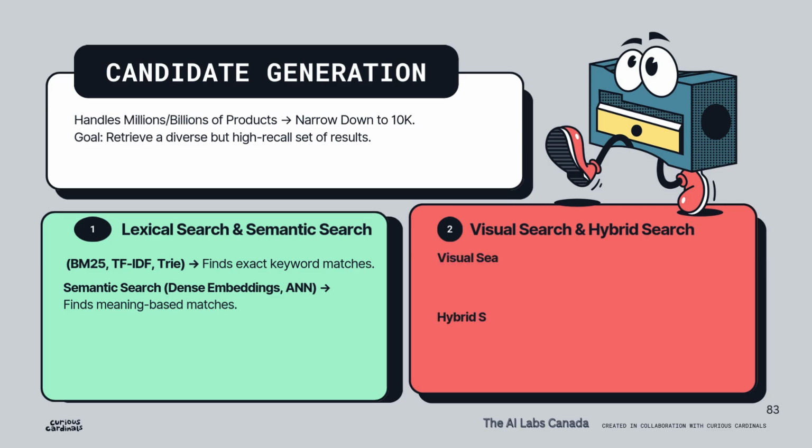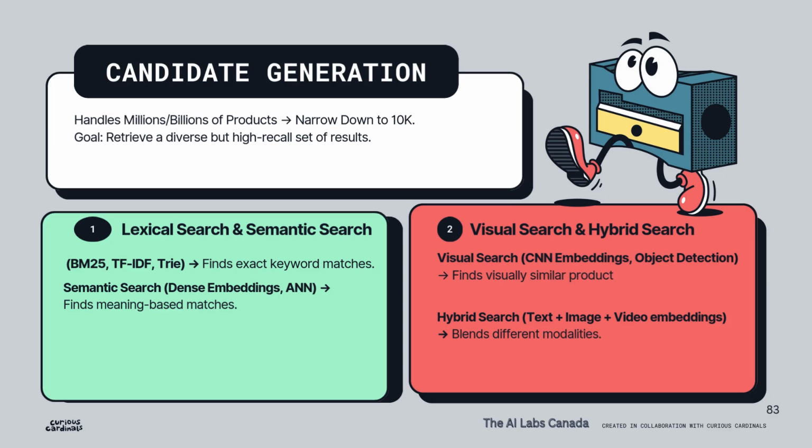Another component is candidate generation: from the list of billions of products, we try to narrow it down to 10,000. There could be multiple search options here, like lexical search, which is exact match based on the keywords. There are multiple algorithms for it, like BM25, TF-IDF, or you can use data structures like a trie.